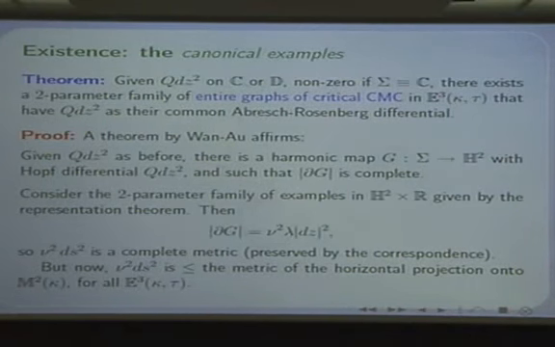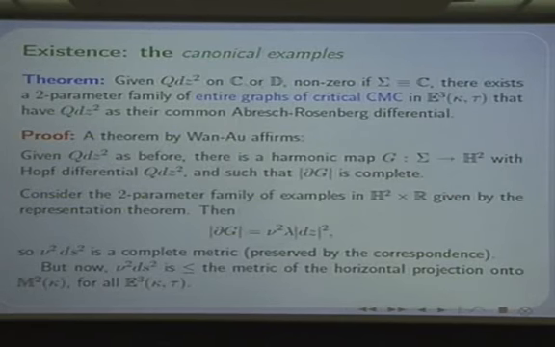So I'm going to prove now that this metric is not just smaller than the induced metric of the surface. I'm going to prove that the metric is smaller than the metric of the horizontal projection onto the base of the surface. Imagine for one moment that I can prove this, that this metric is smaller than the metric of the horizontal projection.